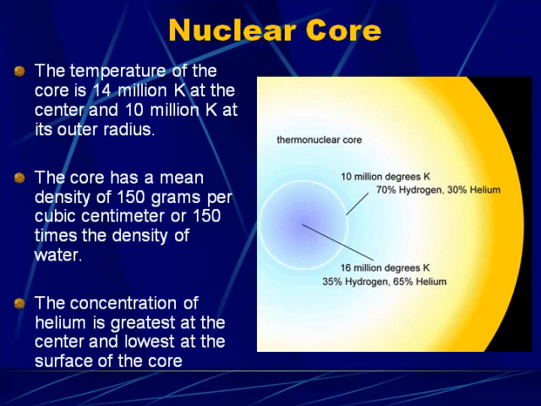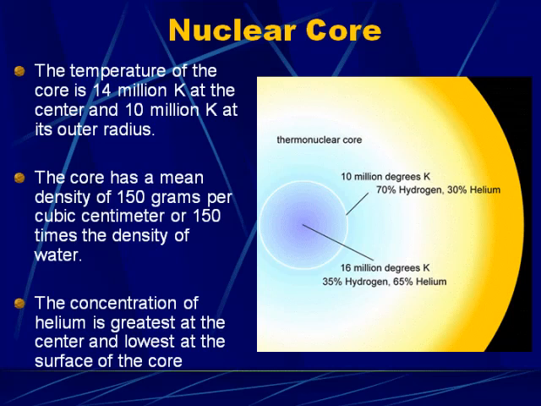Being that it's only 20% of the total radius of the sun, we have to raise this to the third power to find out its total volume. 0.20 raised to the third power actually places it at less than 1% of the total volume.